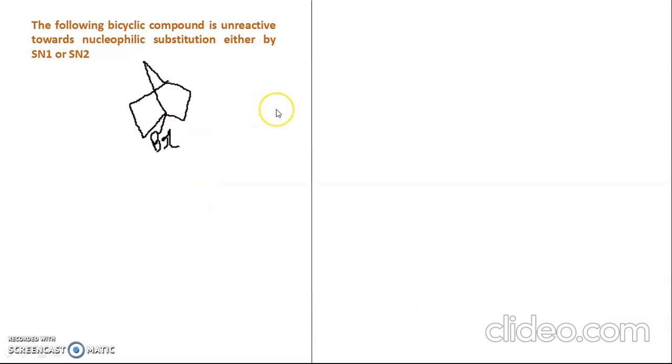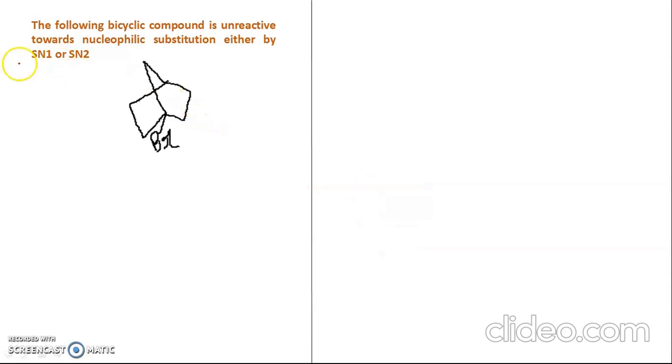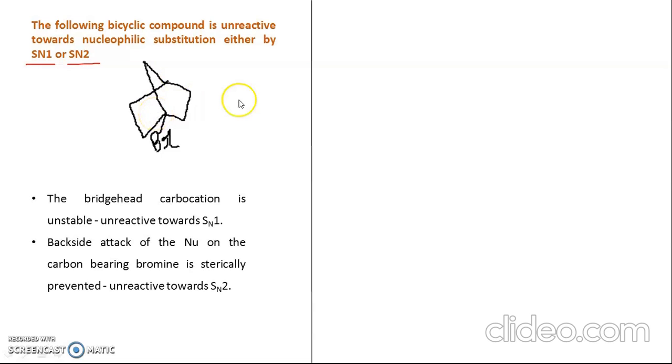Our first problem: the following bicyclic compound is unreactive towards nucleophilic substitution by both SN1 and SN2. So in both ways it is not possible. Let's first see why SN1 is not possible. If it is SN1, the carbocation will be generated here, at the bridgehead position.